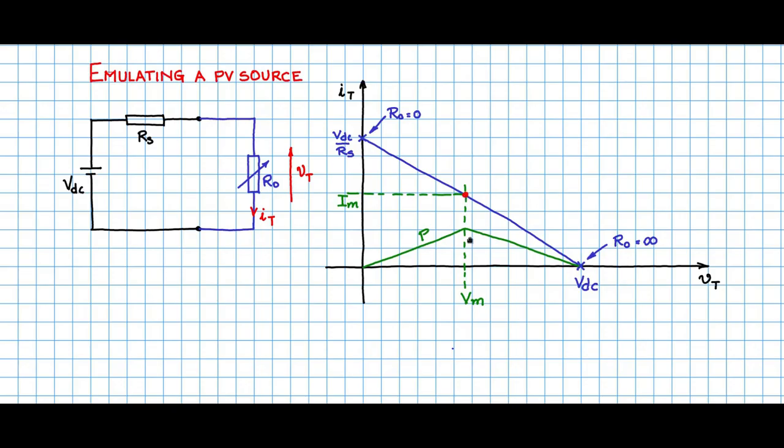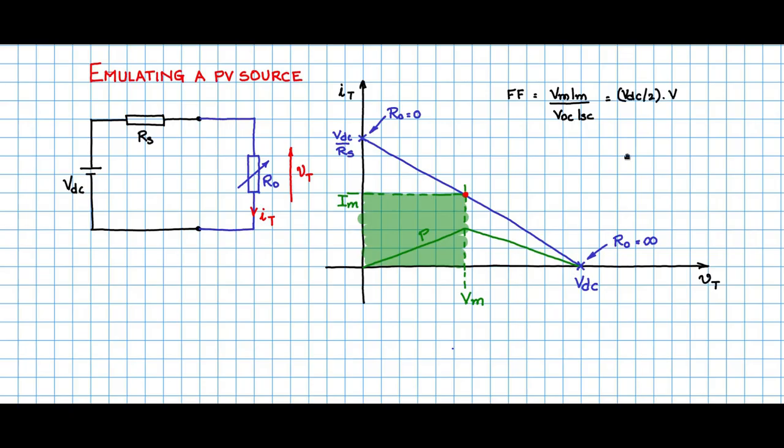Now what is the fill factor? Fill factor is VM IM, this area as you see here, divided by the total area as given by VOC into ISC. So fill factor is equal to VM IM by VOC ISC. What is VM? VM is the halfway point of the x-axis, VDC by 2.